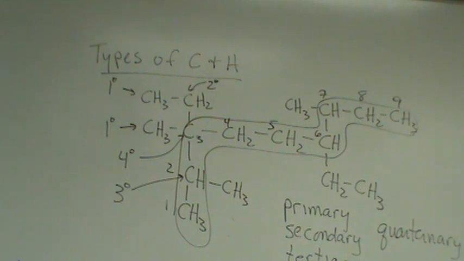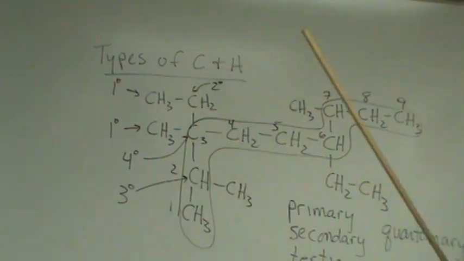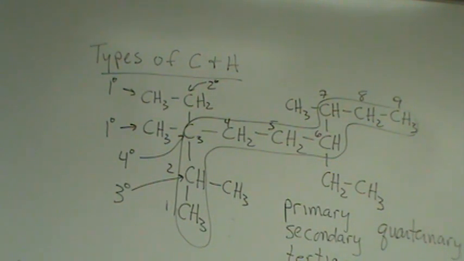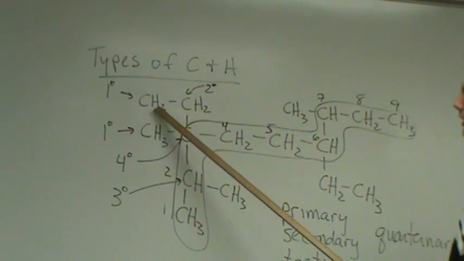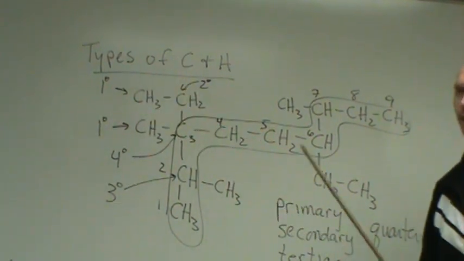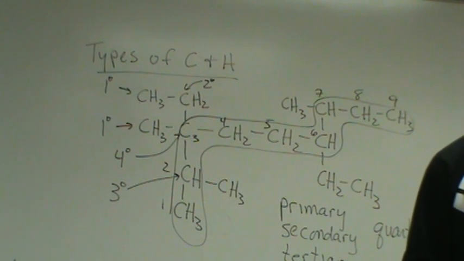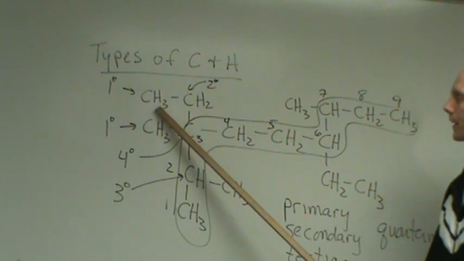Well, that's how we do types of carbon, but what about types of hydrogen? Very easy now. The type of hydrogen is the type of carbon that it's attached to. See how easy that is? So, these 3 hydrogens are what?